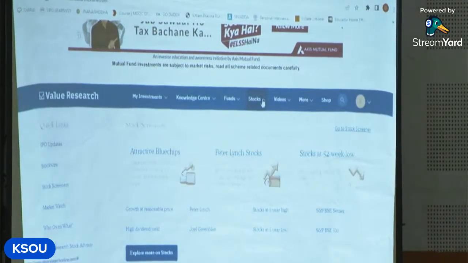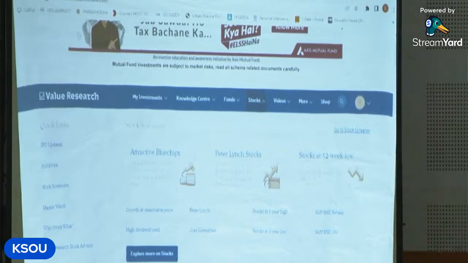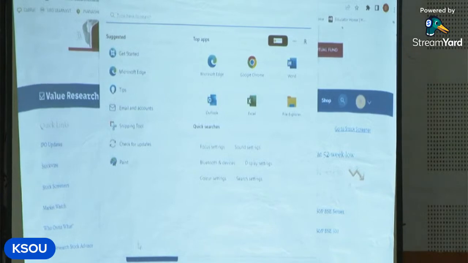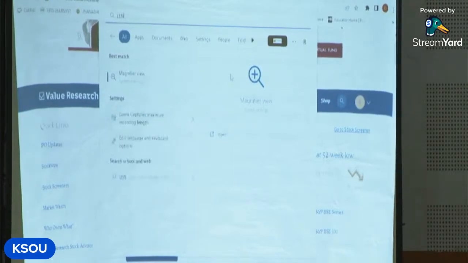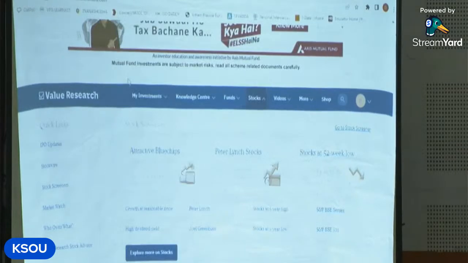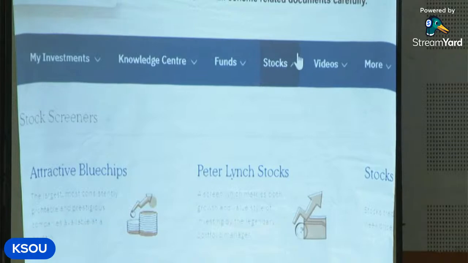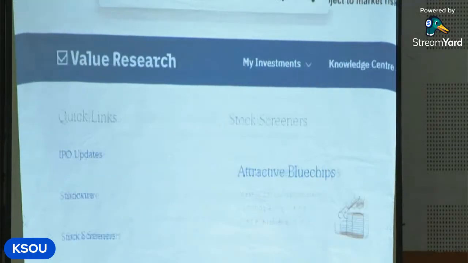Let's say I want to invest in stocks. How to know which is the best stock?